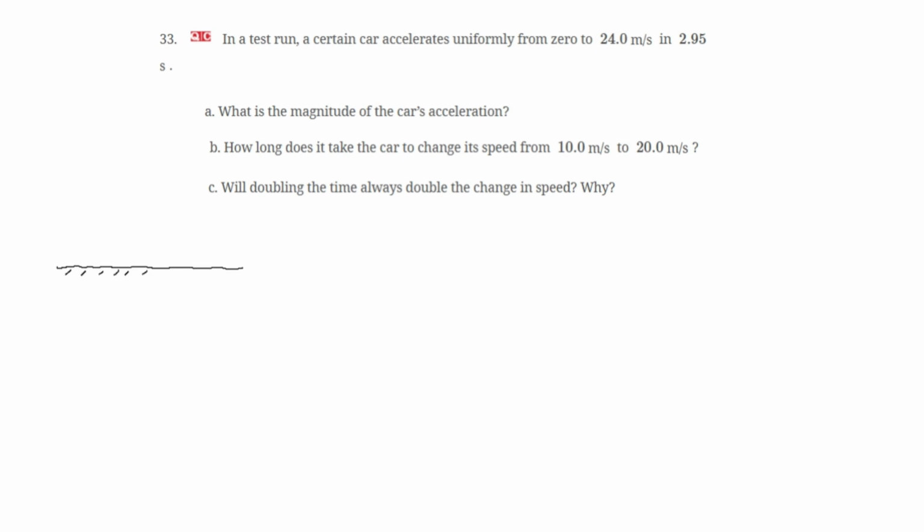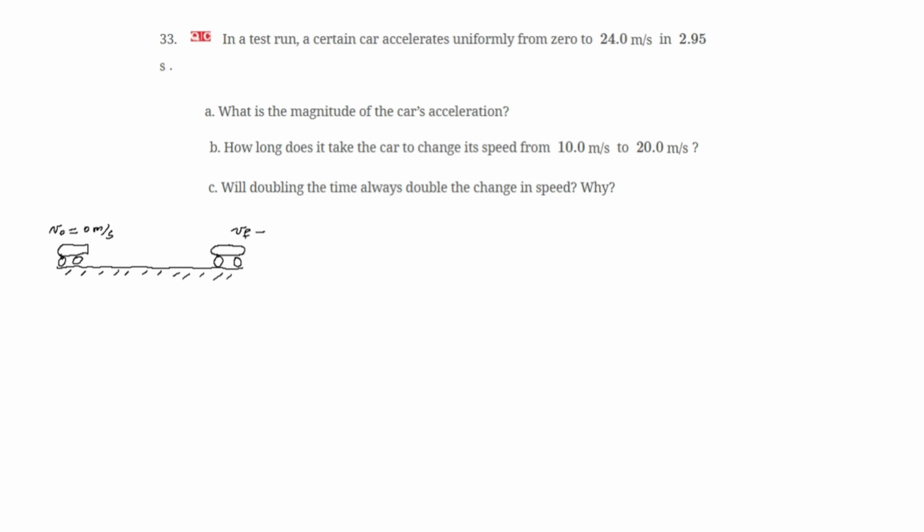So we have a car here, and our car is going to accelerate from 0 meters per second, so the initial speed here is 0 meters per second, to this other position, where the car will be with a speed of 24 meters per second.